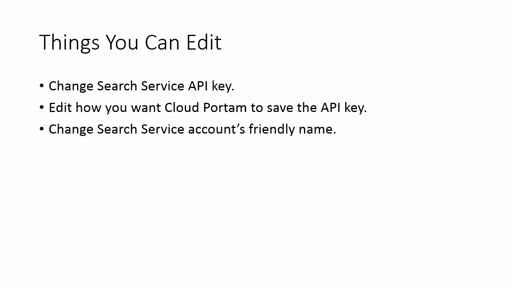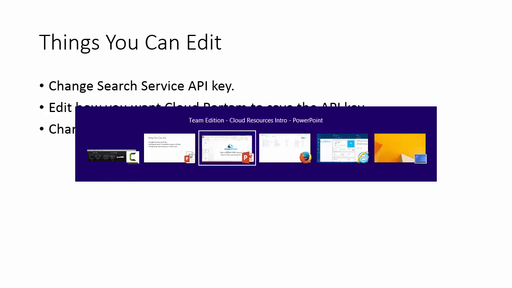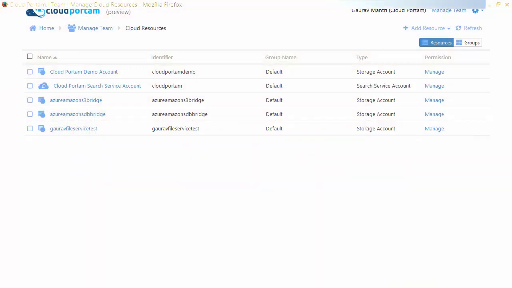So now that we know the things that you can change or edit as far as managing a search service in Cloud Portal is concerned, let's head on to the Cloud Portal and see how you can do that. So here I am on the Cloud Resources dashboard in the team edition of Cloud Portal, and this is my search service account.